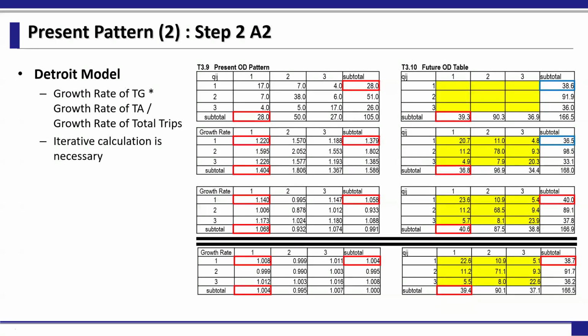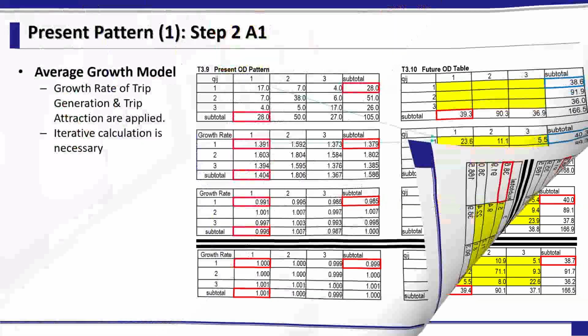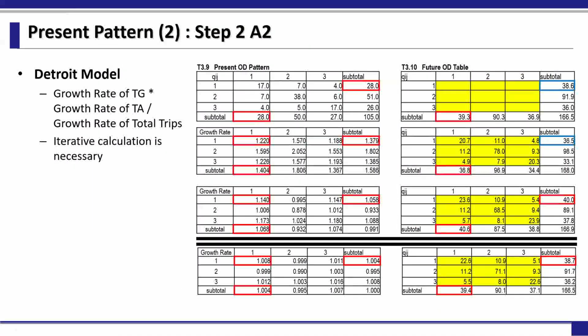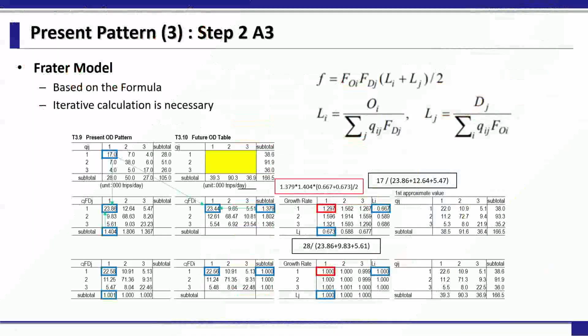I won't explain everything. However, how to estimate is described in these pages. The following 3 ways are not so different from each other. And the Fratar model is the most popular one, based on the so-called growth patterns of trip generations and attractions.